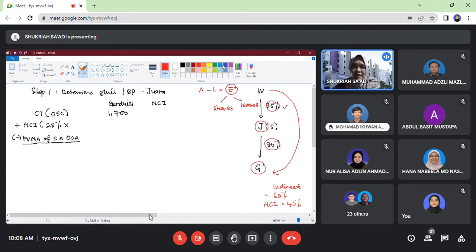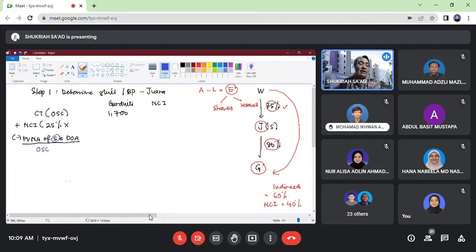So dekat sini saya letak ordinary share capital, the first item of equity. Siapa punya ordinary share capital ni? Subsidiary. Who is subsidiary? Juara.